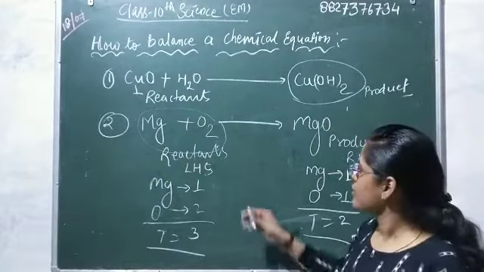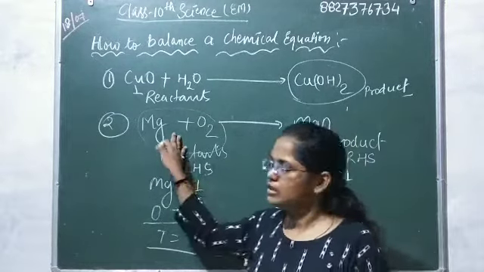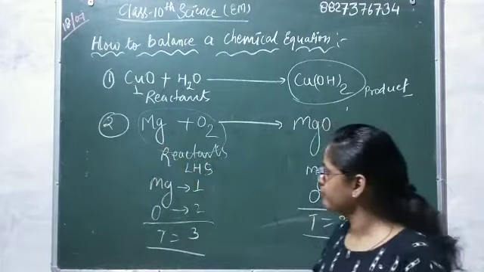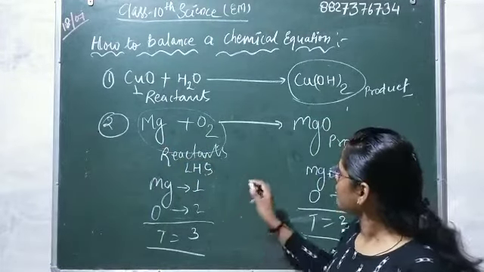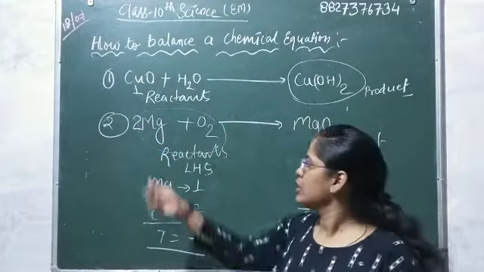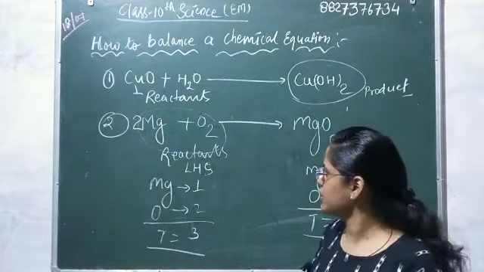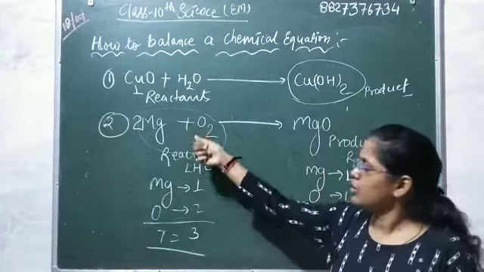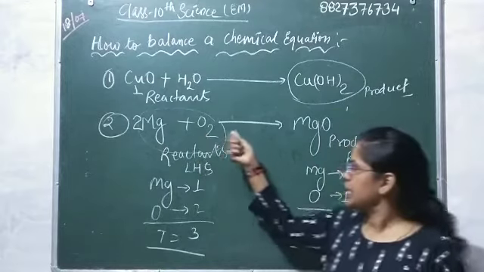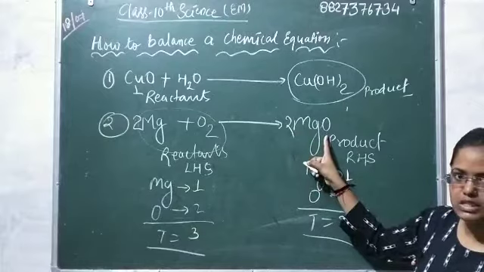So what do we do? We have to add some numbers before or after the molecule, atom or element. So now when we take two elements of magnesium, or two magnesium ribbons, the two magnesium ribbons react with or are burned with oxygen gas, it forms two molecules of magnesium oxide.